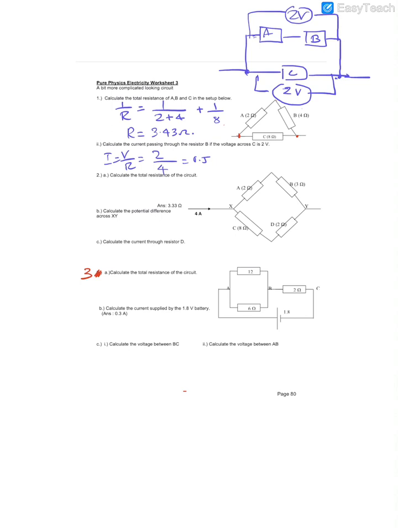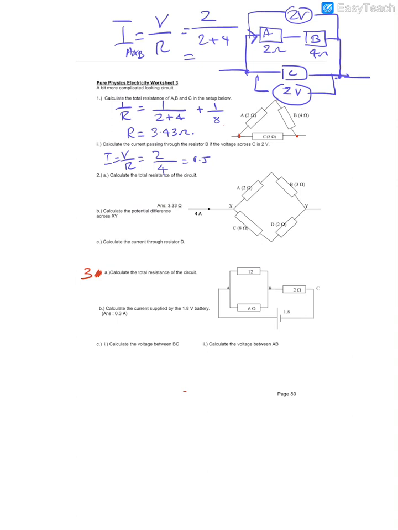Now, I can find the current through here. So the current through A and B is V over R. I take 2 divided by what? 2 and 4. 2 plus 4.